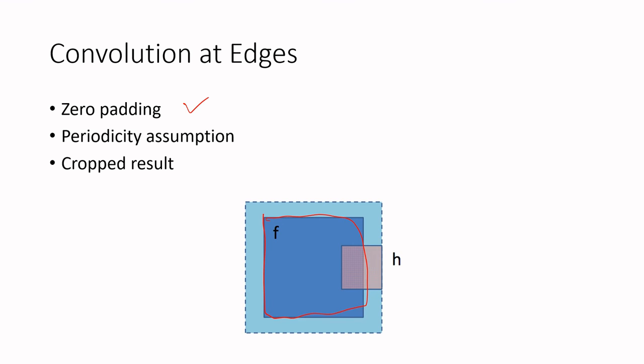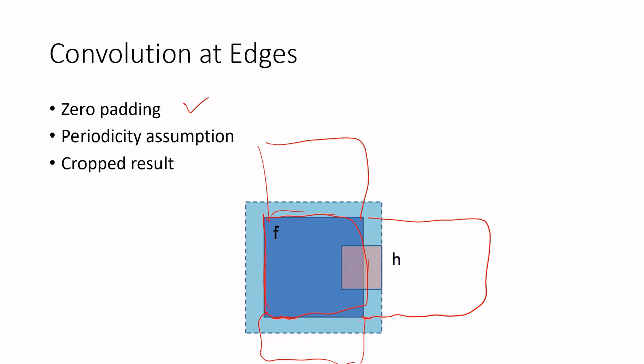Sometimes people don't use 0 padding, but rather use what we call the periodicity assumption, which means that you can take this 8 by 8 image and assume over here this image is repeating, over here this image is repeating, over here this image is repeating.